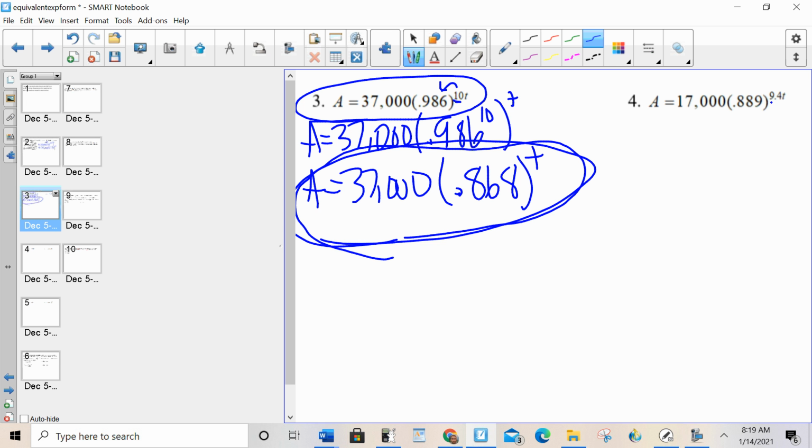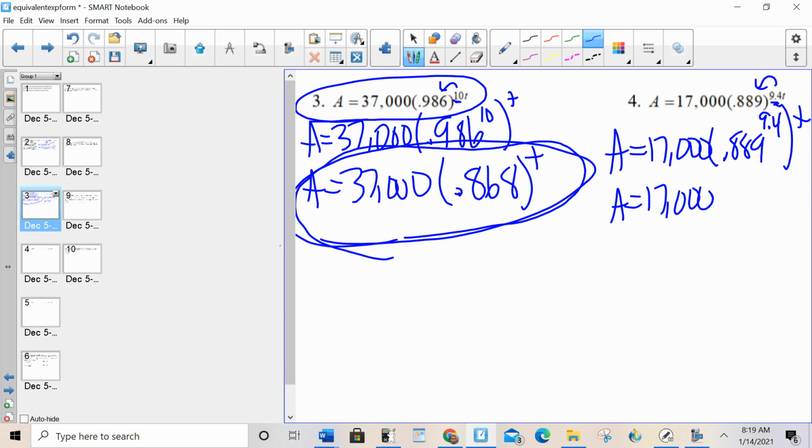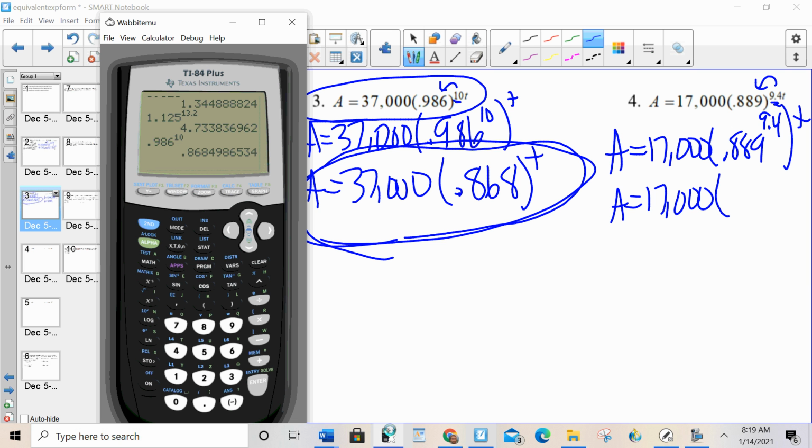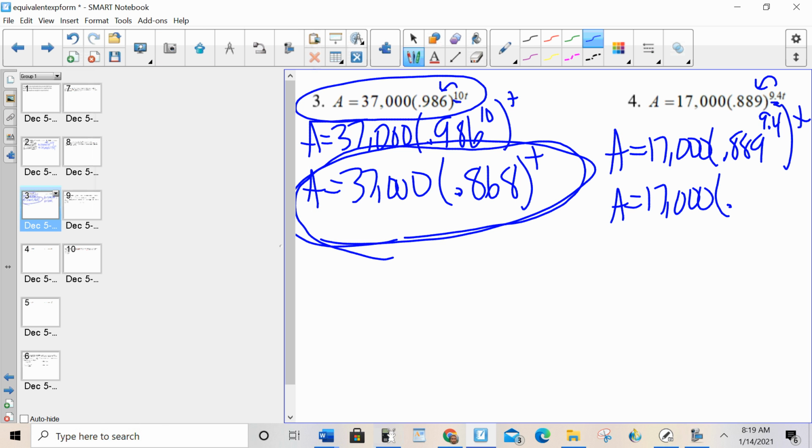Number 4 I asked you to do as well. If you didn't already, you can pause it now and give it a try. I'm going to take whatever's with the t, I'm going to absorb it into the parentheses. I'm going to type that into the calculator. 0.889 to the power of 9.4 is 0.331.